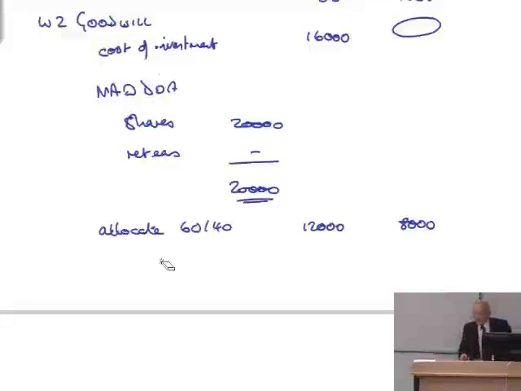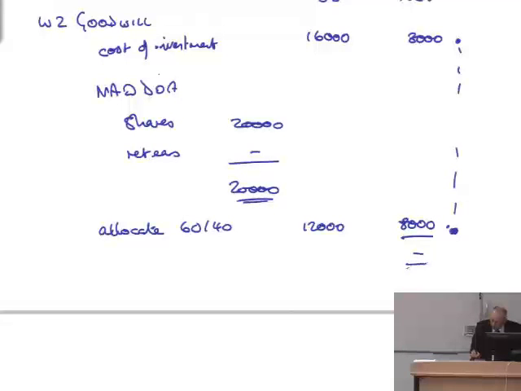And we're told that the value of the NCI is the same as their proportionate share of the fair value of Dinius net assets. Well, their proportionate share is 8,000, and the value of their investment is the same, 8,000.